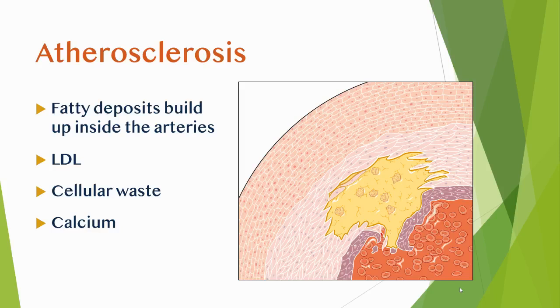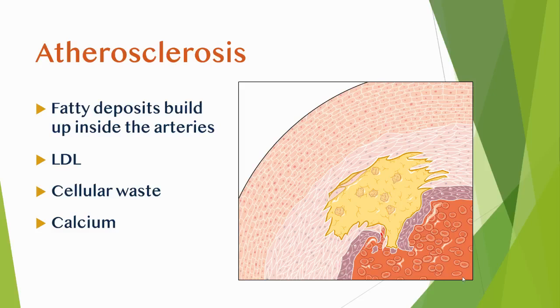Sometimes these are fatty deposits, but there are a lot of things that can stick to them and add to that blockage. The main culprit for this plaque buildup is typically low density lipoprotein, or LDL cholesterol. Think of LDL as your bad cholesterol, and it can accumulate on the inside of the arterial wall.